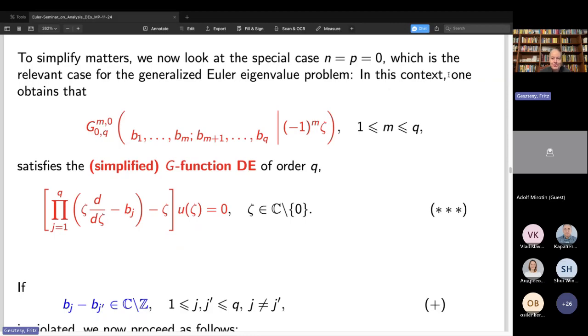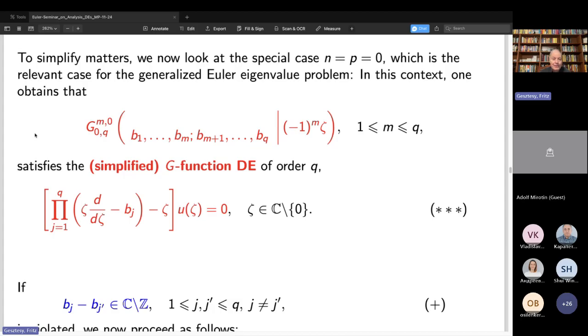So what I will do is, as I promised you, I will look at a special case where n equals p equals 0. So where these two objects are equal to 0. I do this because that is related to Euler's differential equation, and especially this generalized eigenvalue Euler differential equation. And so we'll stick with that case from now on. I will not look at the general case any further.